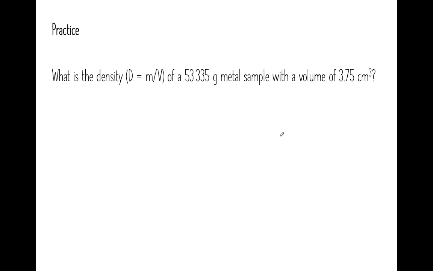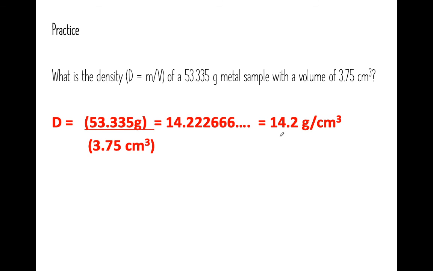Now here's another example, again solving for density. So I'm solving for density by having 53.335 grams divided by 3.75 centimeter cubed. When I put this into my calculator, I get this number right here. Now take a look at how many significant digits there are in each of the numbers in my question. 1, 2, 3, 4, 5.